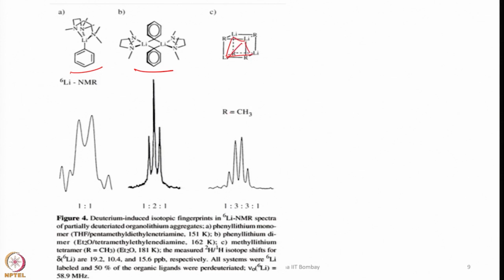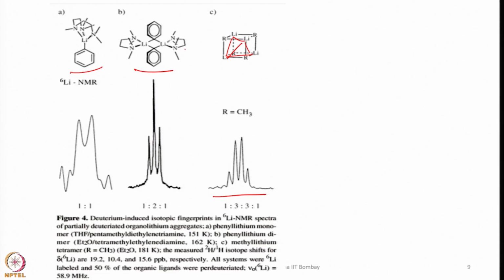And in this one, each methyl group's lithium is coupled with CH3 protons to give a 1:3:3:1 quartet, and here they are coupled with methylene protons. And of course, it is not easy to interpret. It looks like it is coupled to two hydrogen atoms. As a result, it is showing a triplet because these are all partially deuterated.